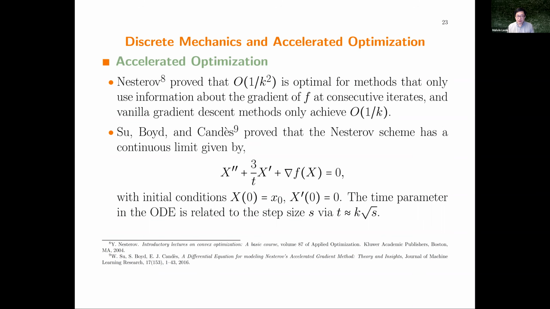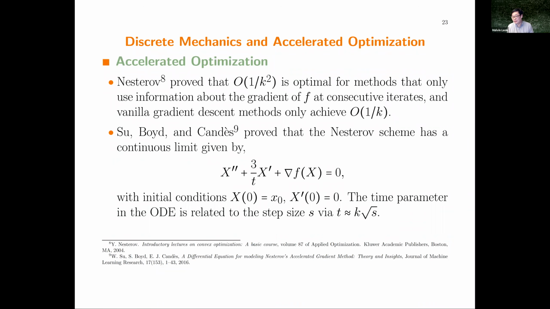I should say that this result is asymptotic. What's interesting, as we'll see later on in the results, is that even though you have this asymptotic barrier, it's oftentimes the case that methods can perform better than this 1 over k squared rate, at least for moderate times.